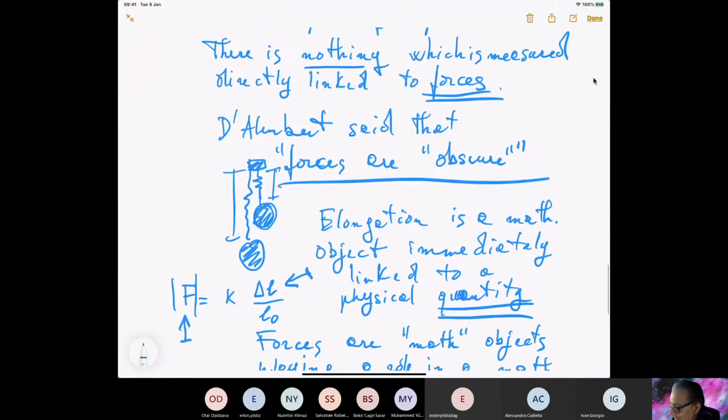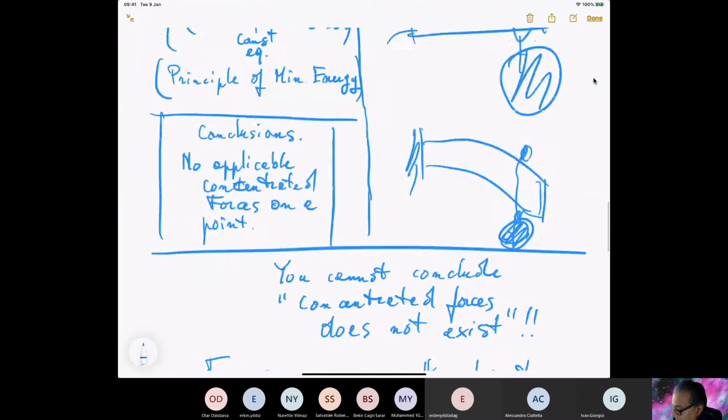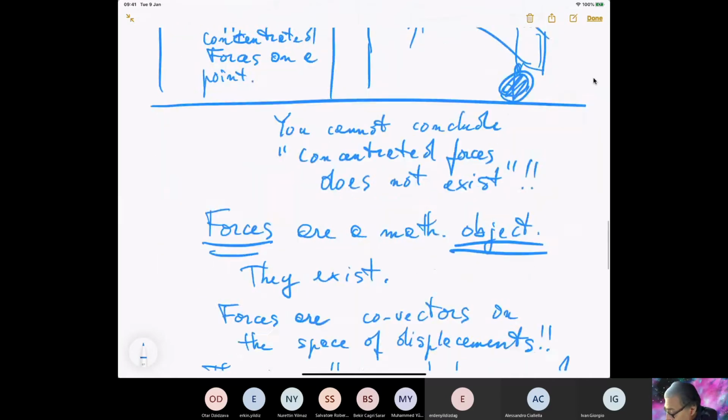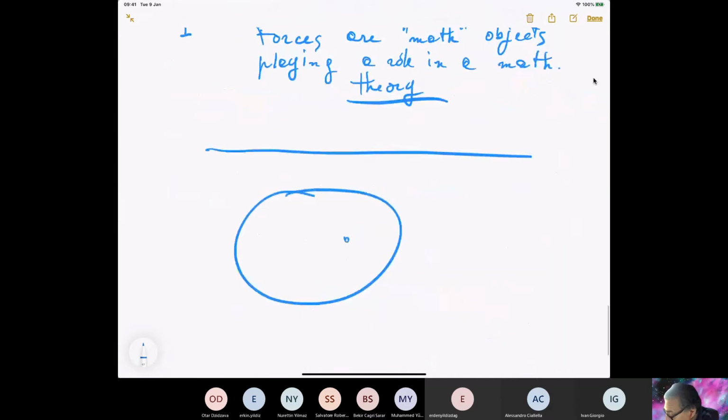Sometimes you hear statements like, in physical reality, there is no concentrated force. Actually, if you zoom in, instead of having one force concentrated in a point, you see that you have a volume distribution of force. But as this radius is very small, then you are a bad physicist: you write the equation as if these forces were concentrated in a point.